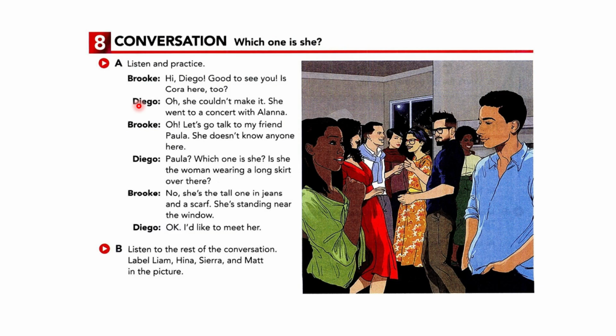Is she the woman wearing a long skirt over there? No, she's the tall one in jeans and a scarf. She's standing near the window. Okay, I'd like to meet her.